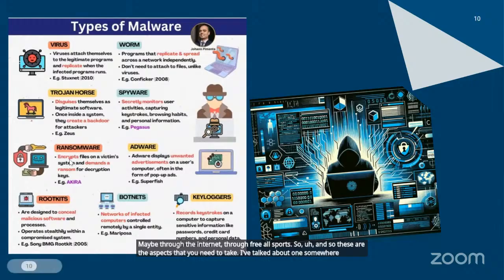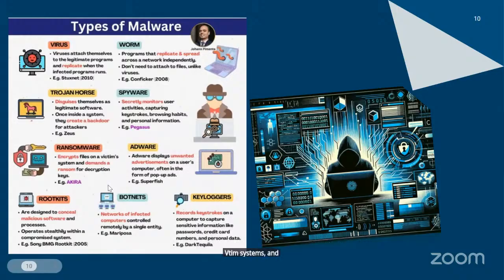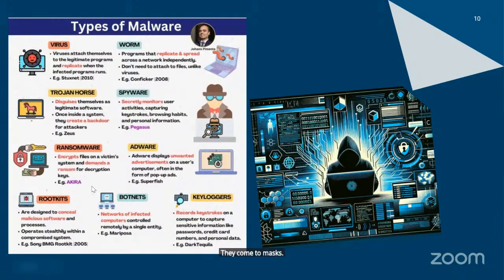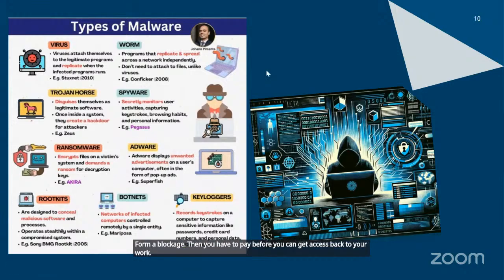Ransomware encrypts files on a victim's system and demands a ransom for the decryption key. They come to lock your system and form a blockage. Then you have to pay before you can get access back to your computer system. All right.